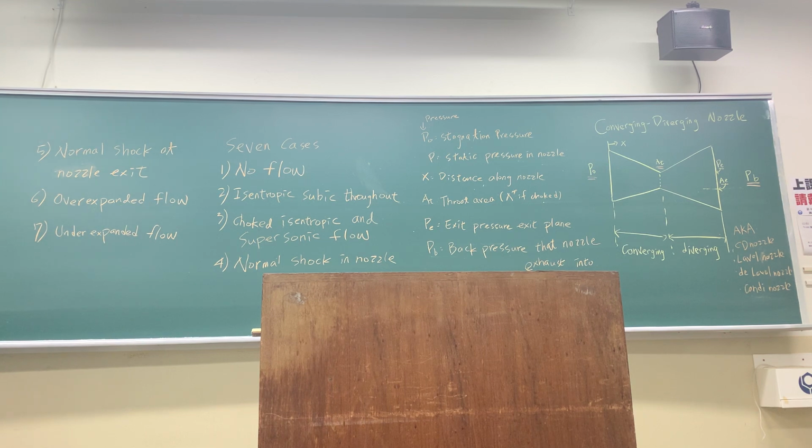These are shocks. That's what we call a shock. Okay, diamond shock. So normal shock, and then overexpanded and underexpanded. So these are the 7 cases. I'll elaborate on that a little bit more after the next class.